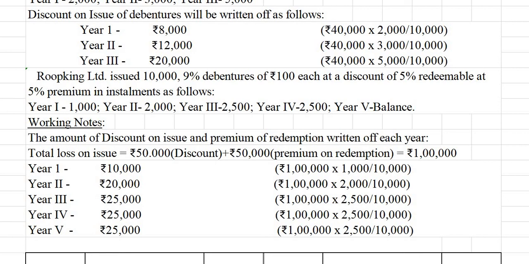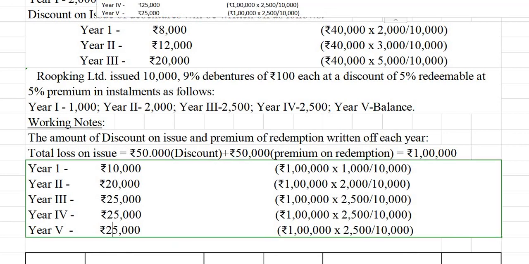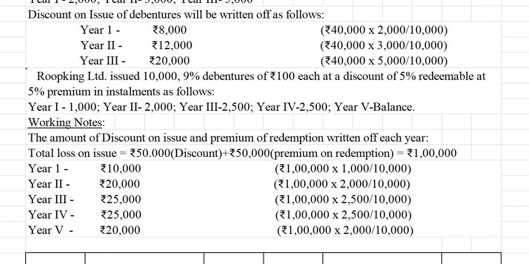So for the fifth year, it is 2,000 debentures only. So 1 lakh into 2,000 divided by 10,000. So we will write 20,000. Okay, is it clear? Then let us go for the solution.